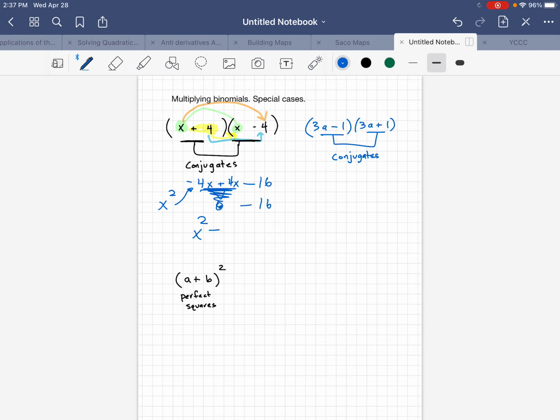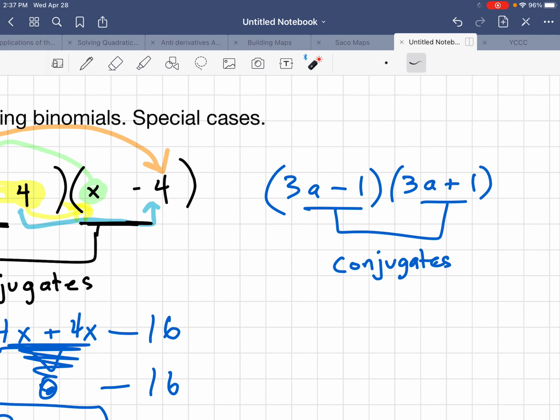So the end result is x squared minus 16, which is called a difference of squares. Difference being the minus, x squared and 16 being perfect squares. When we look at that same process here, first it starts with recognition.